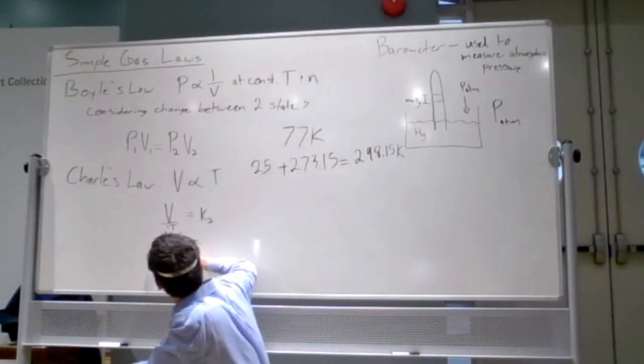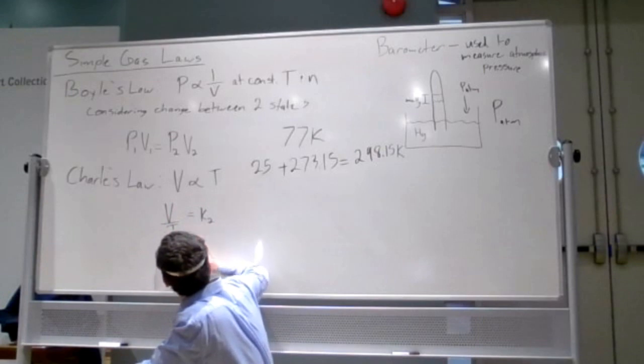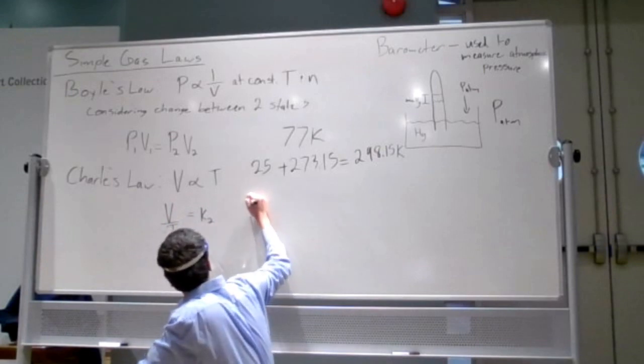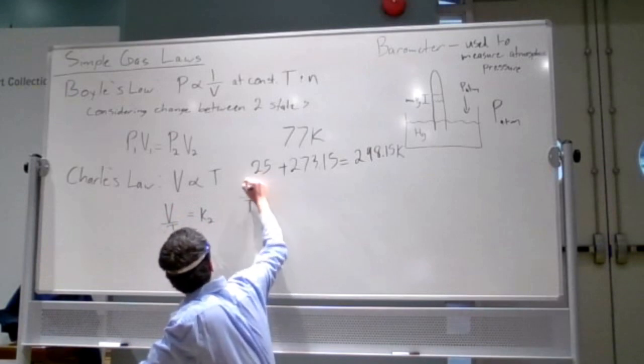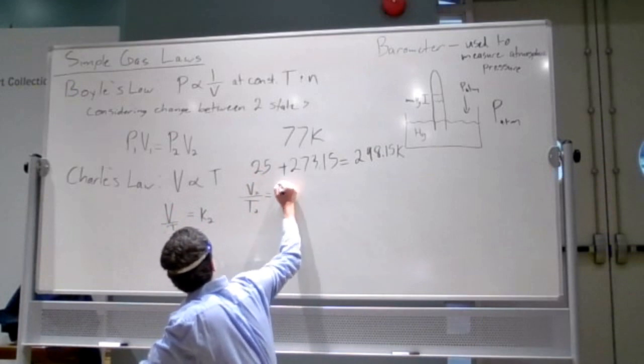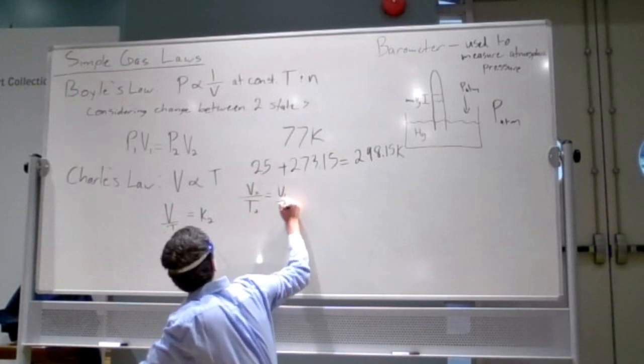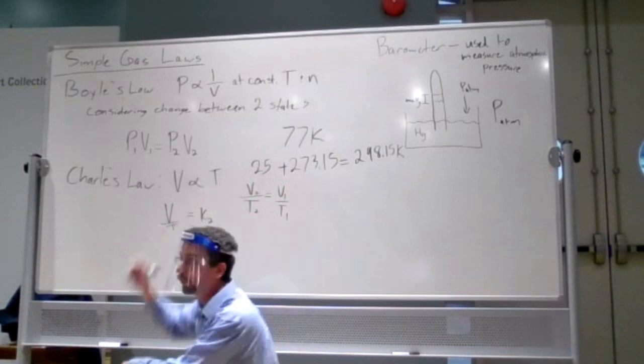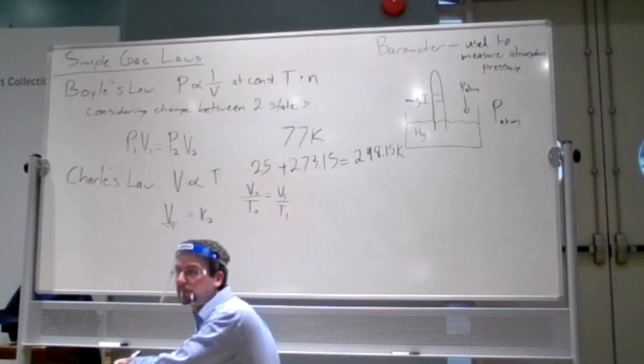That should be a constant, right? Volume over temperature should give us a constant. So if I'm changing between two states, what do we need? V2, T2 is equal to what? Yep, V1 over T1. What do we keep constant in this reaction?